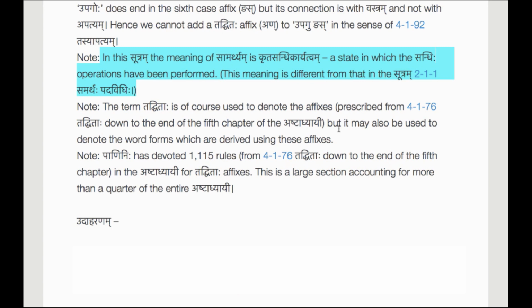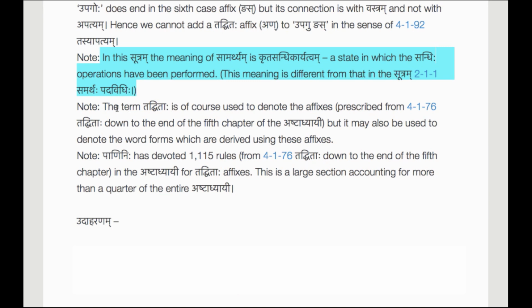So please keep this distinction in the meaning of samarthyam as used in the sutram samarthaf padavidhi 2.1.1 in contrast to the sutram 4.1.82 samarthanam prathamadva, which is what we are considering now. Of course, as already mentioned, Sutram 2.1.1 also applies to tadhita vidhi because tadhita vidhi is a padavidhi.